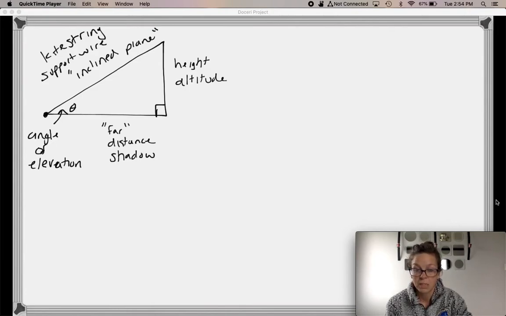So the American Disabilities Act regulations have strict rules about having access to a building for disability, so for those in wheelchairs. And then there are very strict rules about how steep that ramp can be. And so that inclined plane could be a very important thing to a builder, that ramp there. So those are some words that we might see in word problems.